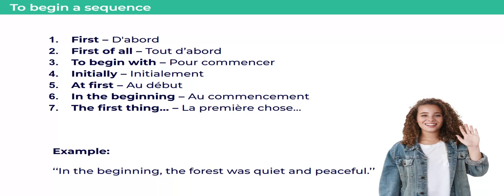Number 6, in the beginning. Number 7, the first thing. So we have an example. In the beginning, the forest was quiet and peaceful. So this is the beginning of a sequence.